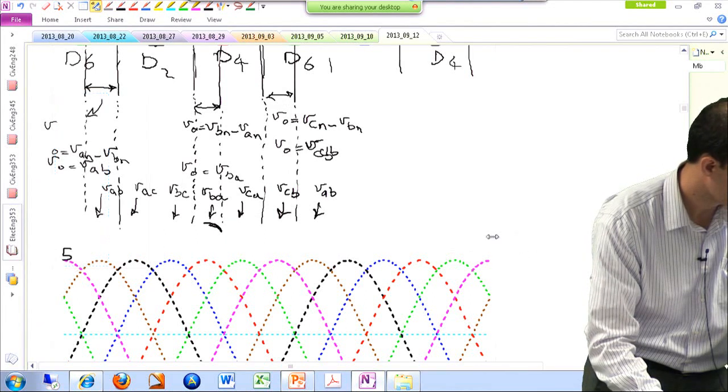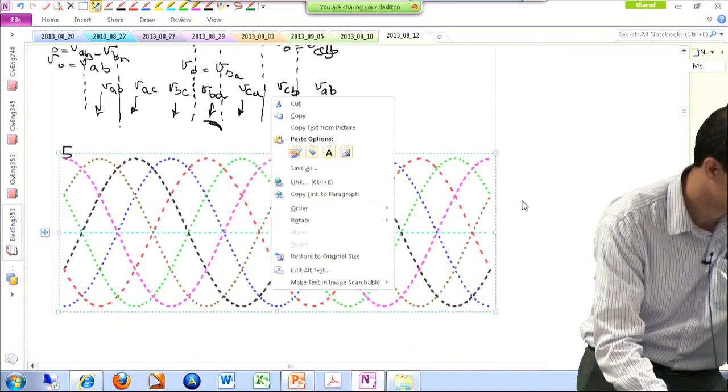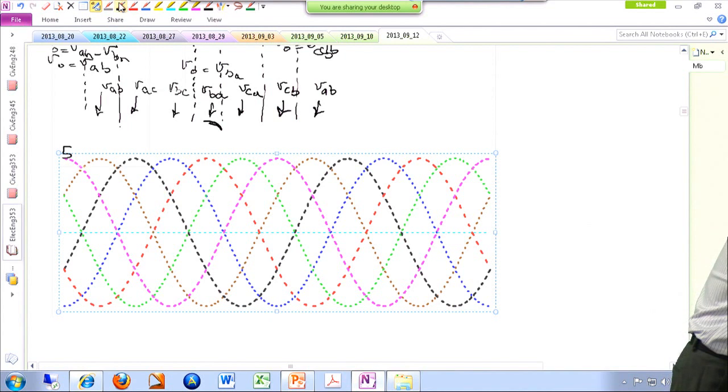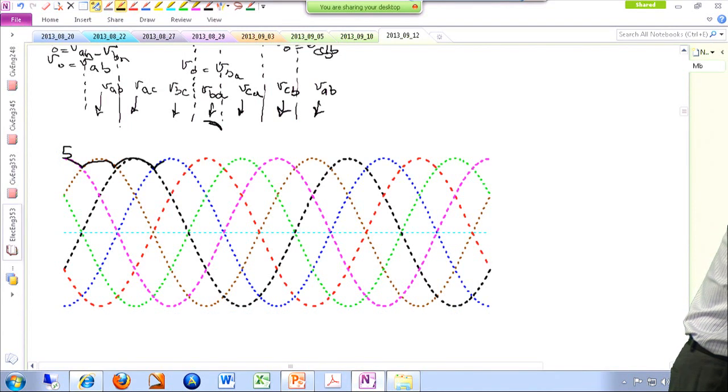I have no idea what's going on, but anyway, where is this 5 coming from? Anyway, let me read off the output voltage, okay? This is going to be our output voltage.